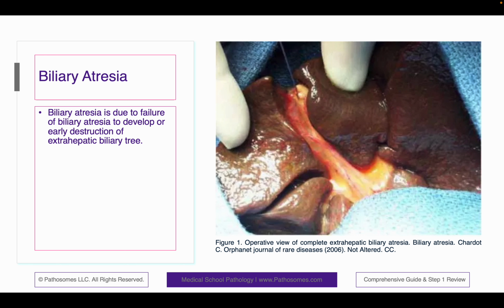Let's start with biliary atresia. Biliary atresia is due to failure of the bile duct to develop or early destruction of the extrahepatic biliary tree.